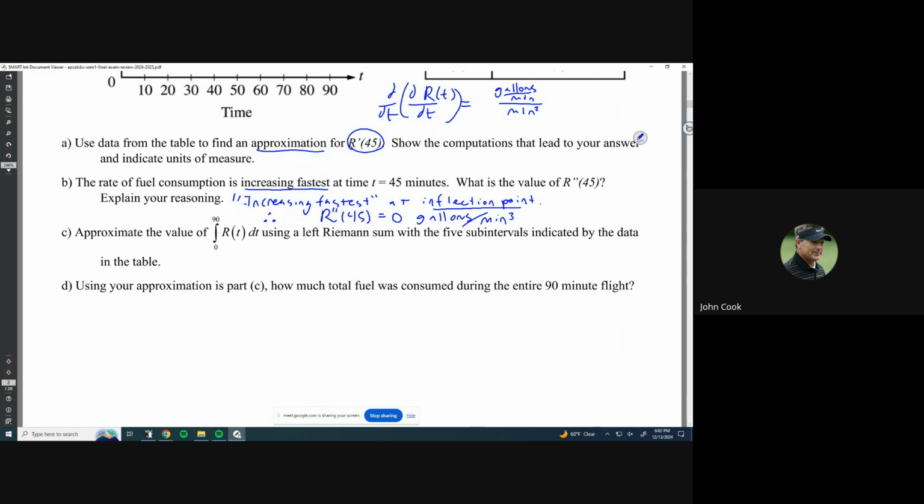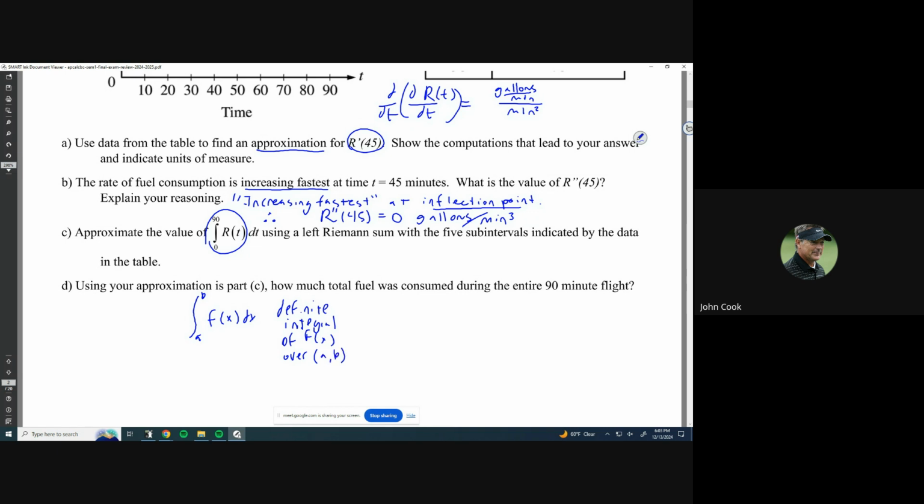So this leads me to another kind of word association that I wanted to bring up. When you see this expression, some integral of a function over some bound, this is what we call the definite integral of the function f of x over some interval. Okay, so from a to b.